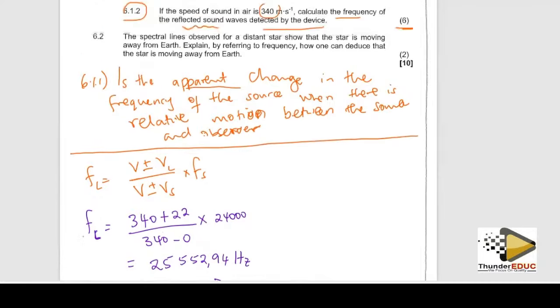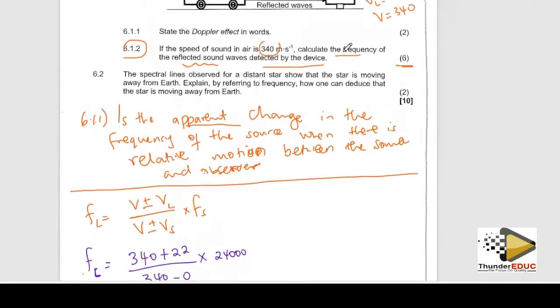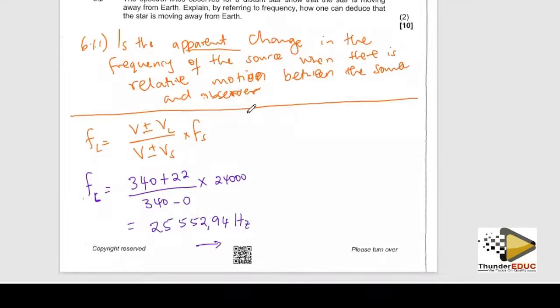But what is the question asking for? Calculate the frequency of the reflected sound detected by the device. So which means when this frequency is reflected, now the car acts as the source.